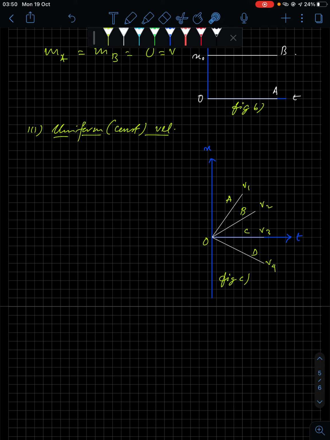This means that if in the first case you are going along east, then in the fourth quadrant case, say in the case of D, you are going along west, exactly diametrically opposite, like 180 degrees opposite to the previous case. So here slope m1 is greater than m2, which is greater than m3.